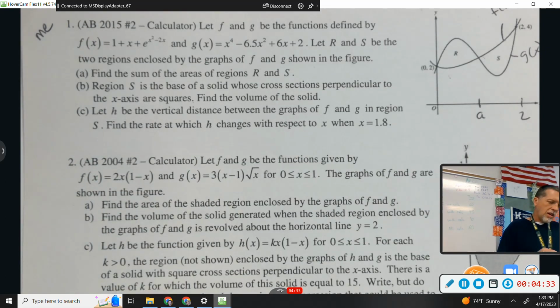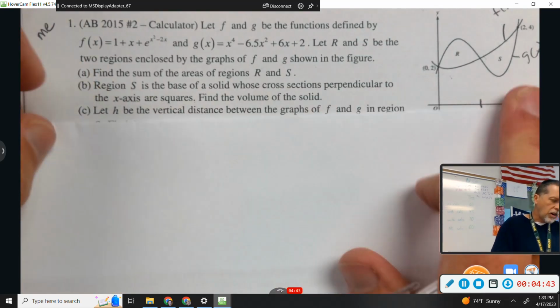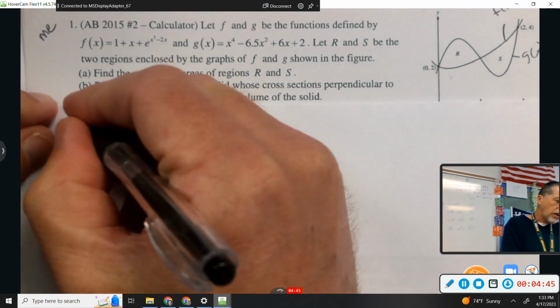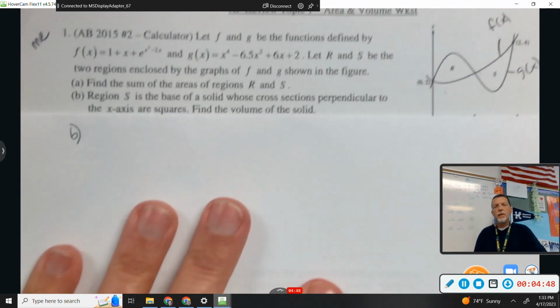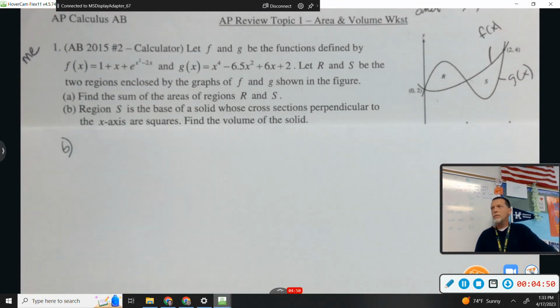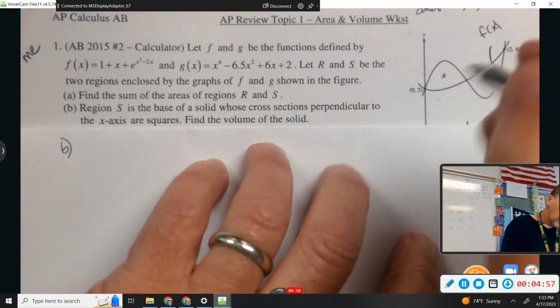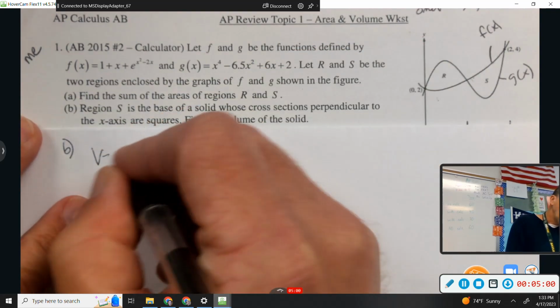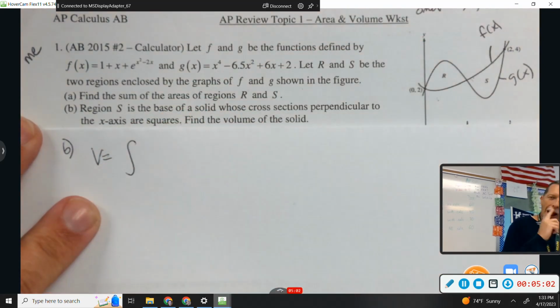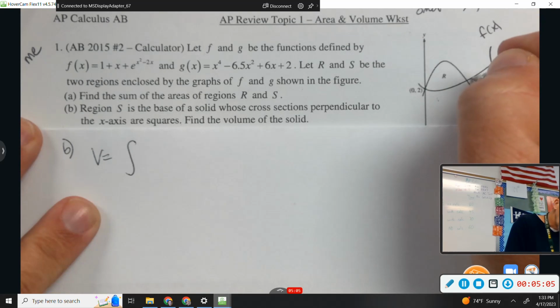Question B. Region S is the base of a solid whose cross sections perpendicular to the x-axis are squares. I submit they made that about as easy a cross-section problem as you can get. So we only want region S. It's definitely the integral of s squared, but I'm not quite sure what s is.